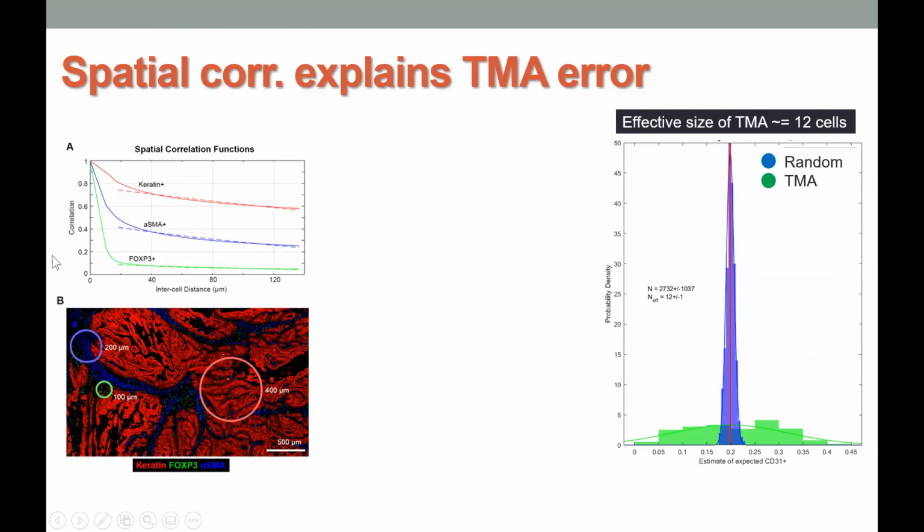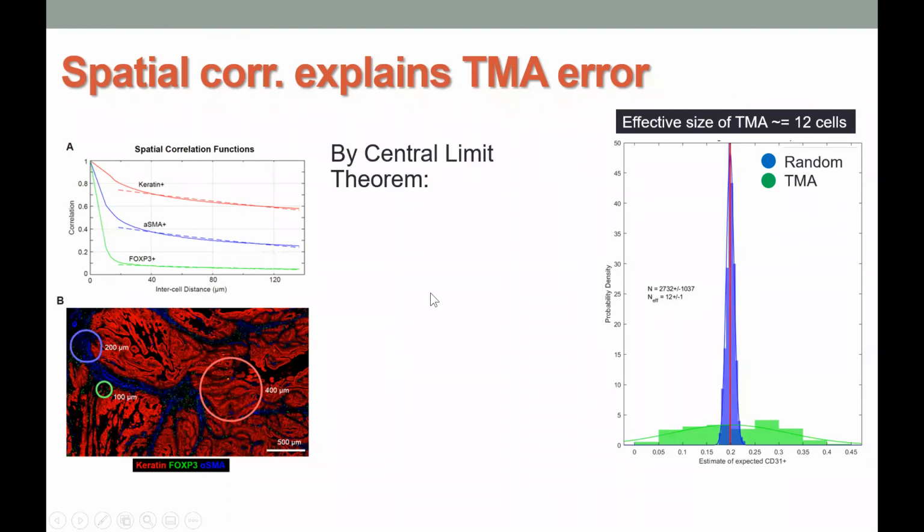So for example, for CD31 positive cells in the TMA, we can get a huge distribution right here, from as low as 0.05, so that's 5%, to as high as 40%. And if you just do a random sample from the data, we actually get pretty good correlation.